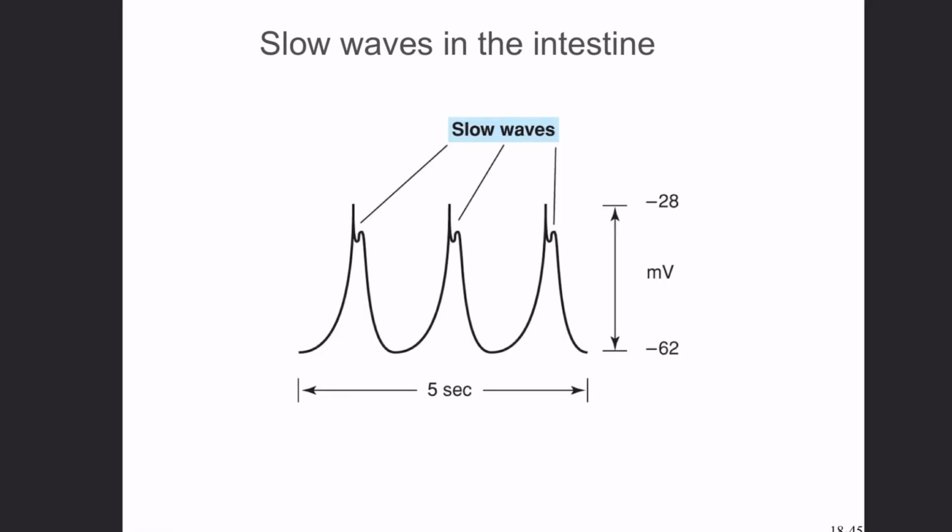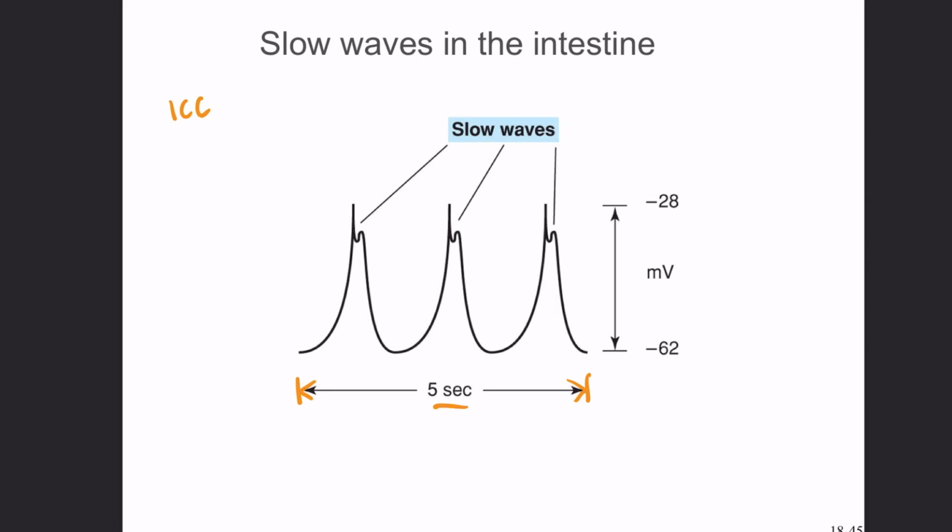This is just to show you what the slow waves of the interstitial cells of Cajal do. And notice how long these are. These are not in milliseconds like we've been discussing in other parts of the body. These 3 waves take 5 seconds, where you could actually see these in action with the naked eye.